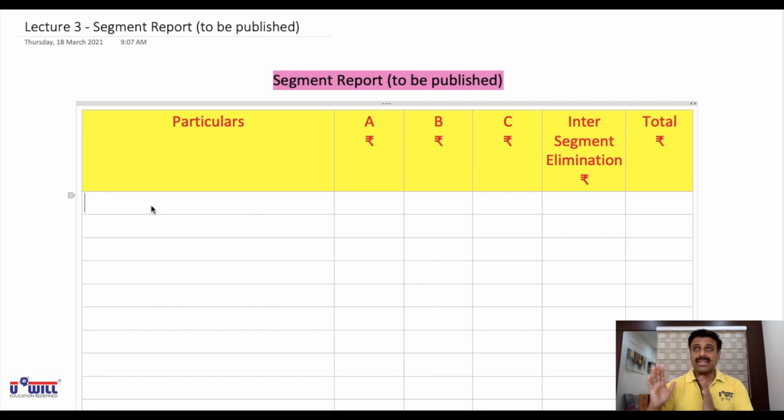Head office is the controlling authority, controlling place which controls all the segments spread over various places. So which are the expenses and incomes at segment? Other than that, what incomes and expenses head office is earning standalone without the contribution of segments, or you can say such expenses and incomes which cannot be allocated to each and every segment.